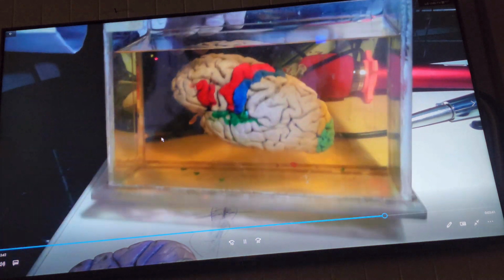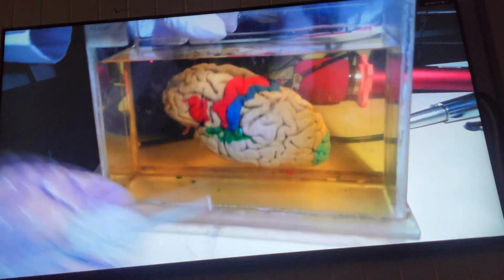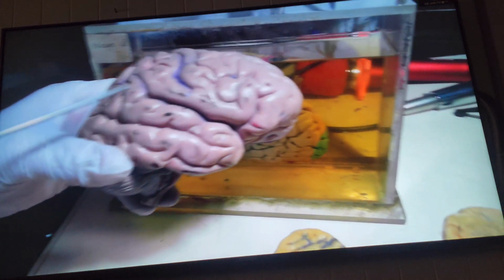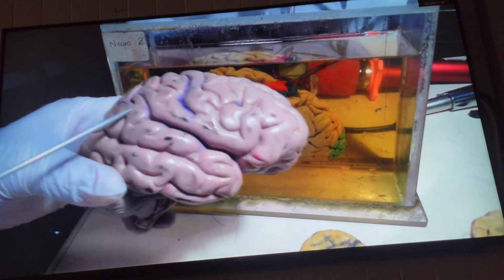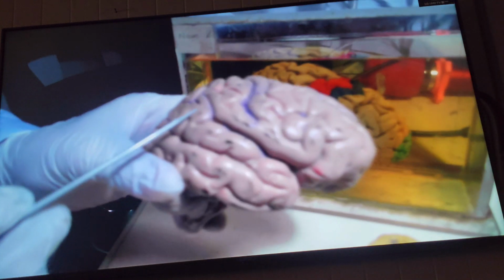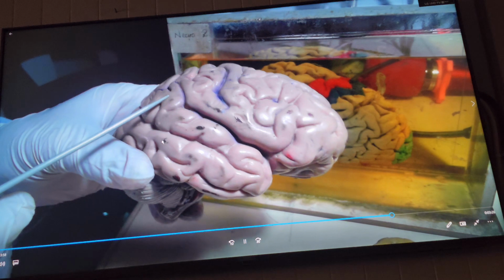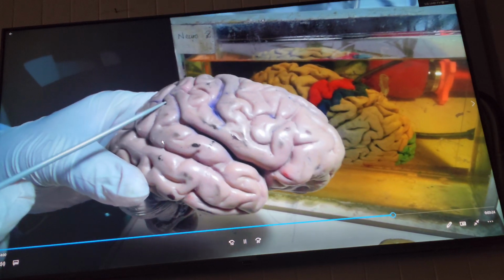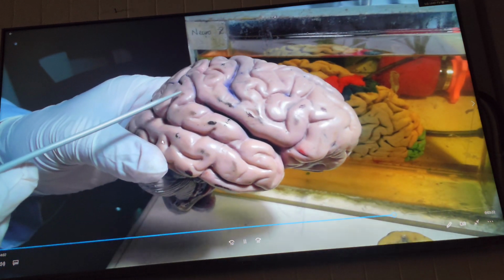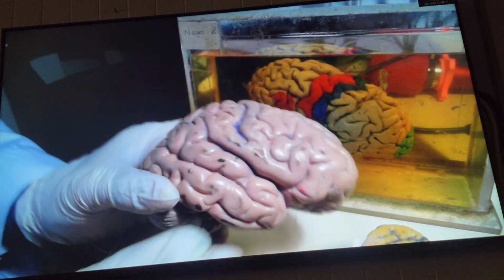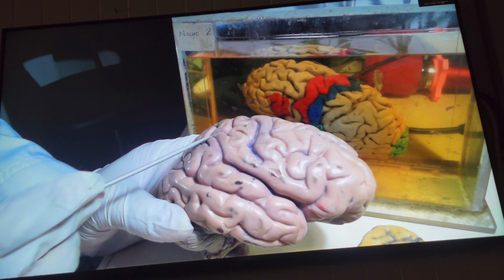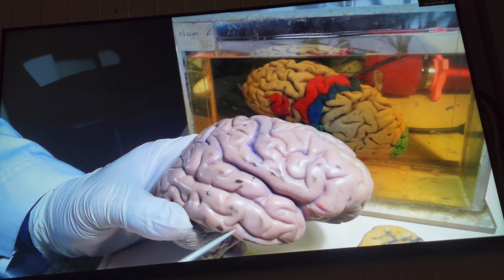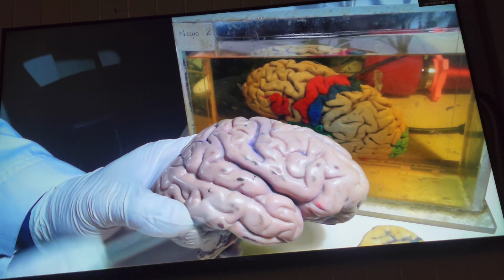Another important area is located in the superior temporal gyrus and even extends to the parietal lobe. This is called the sensory speech area or Wernicke's area. Lesion in Wernicke's area results in a condition called receptive aphasia.